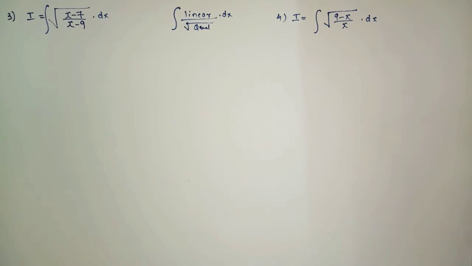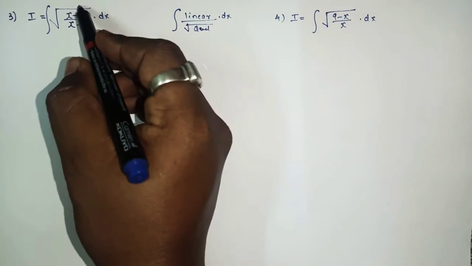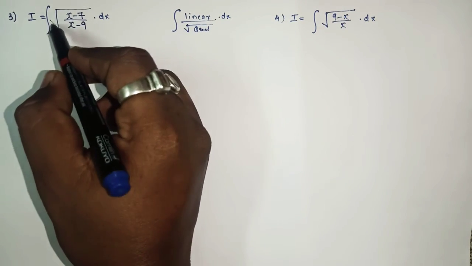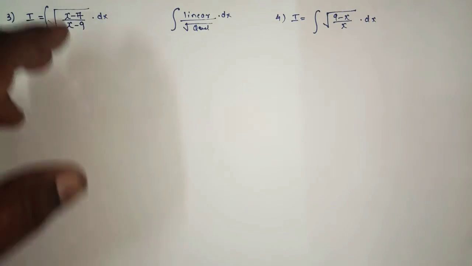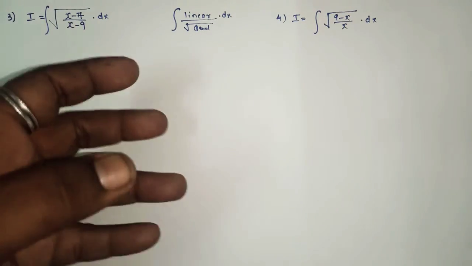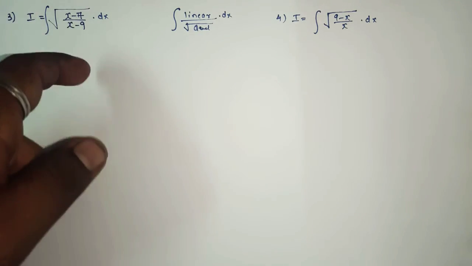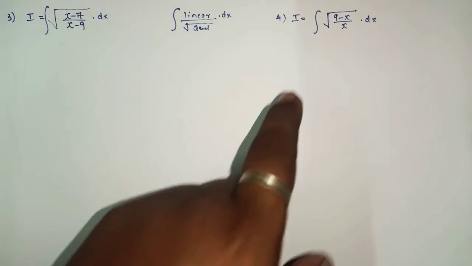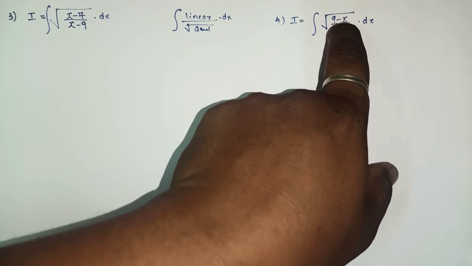But here the format is a little different, and we don't have any method or any type based on linear upon linear and root linear upon linear. We don't have any type like this, root linear upon linear. So what exactly do we have to do for this sum? Whenever you come across a sum like this, root linear upon linear, here also the numerator is linear. Can you see the power of the variable is 1?